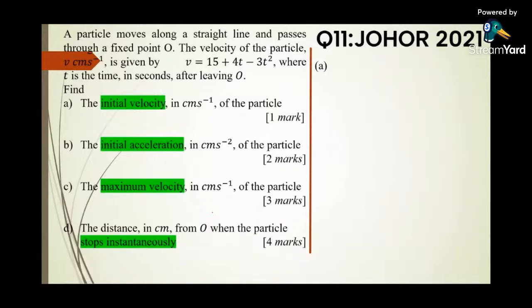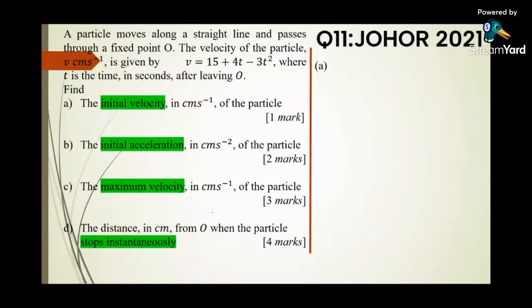Kalau saya tak tunjuk agak-agak boleh buat ke tidak kalau initial acceleration? Kalau initial acceleration maksud dia you have to find t still equals to 0. Tapi acceleration dia, you have to find the function of acceleration. So how to find the function of acceleration?